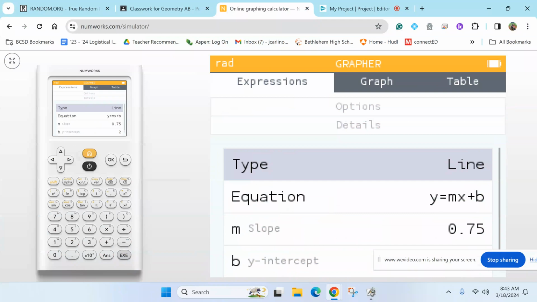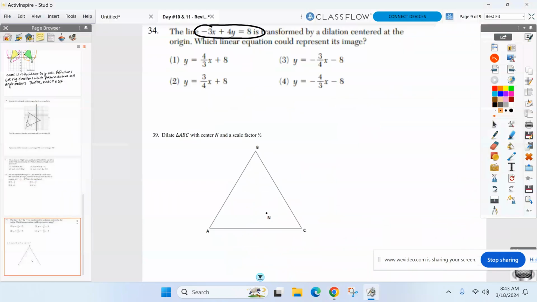But if you know 0.75 is 3/4, that's fine. So you can go to details or you can put it into y equals form yourself. Here the slope equals 3/4. So I know my dilated line has to have a slope of 3/4 because they're going to remain parallel.